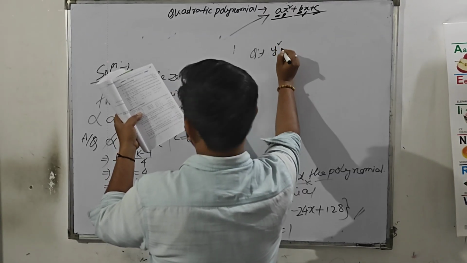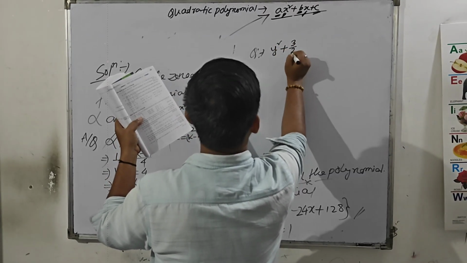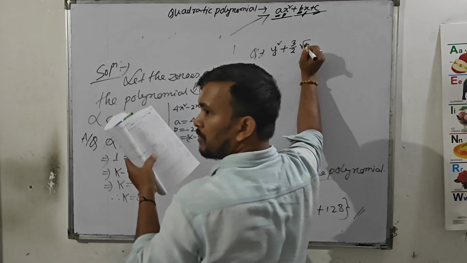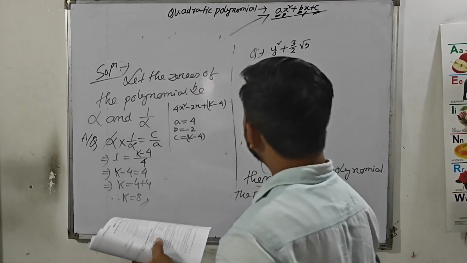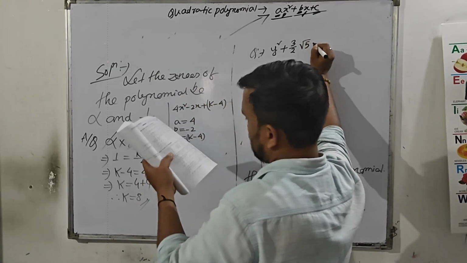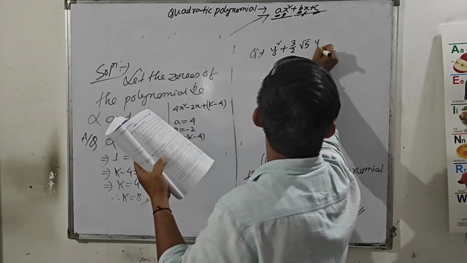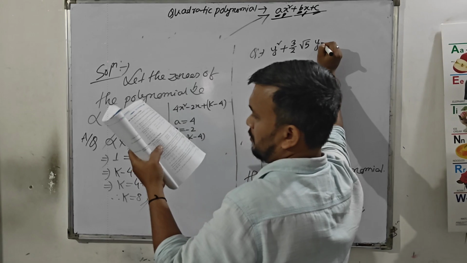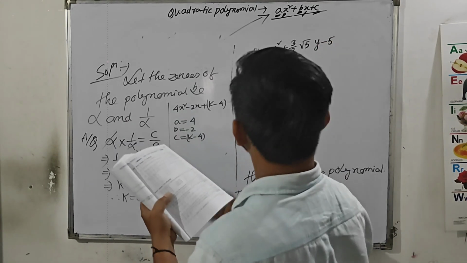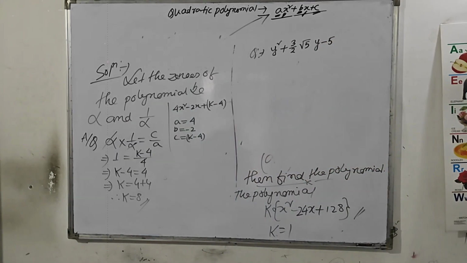y squared, 3 by 2 root 5 into y minus 5. Okay.